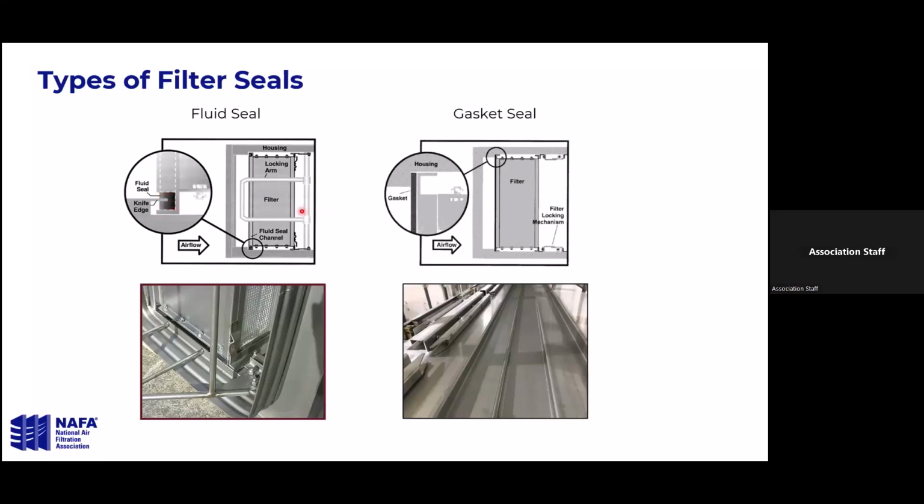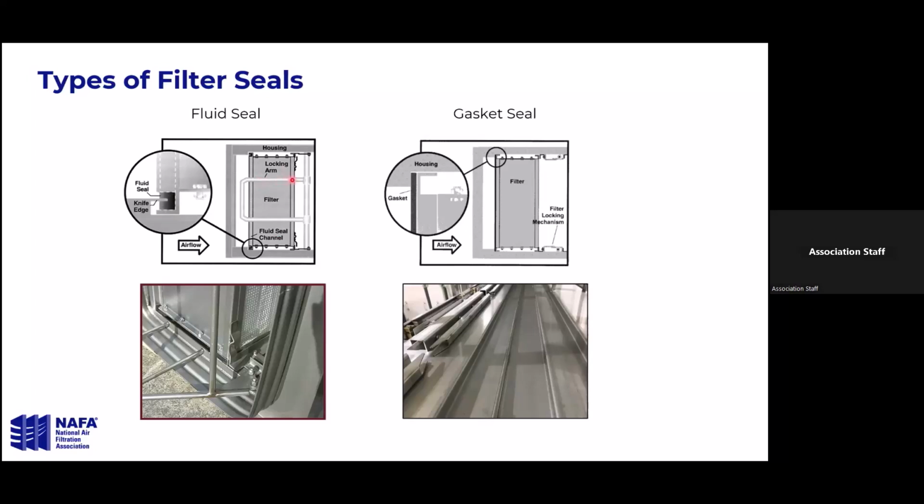And as that filter moves onto the knife edge, that knife edge is going to go into that fluid seal, and it's going to create the seal that you need for the HEPA integrity. That's done utilizing some type of locking arm or locking mechanism that you would actuate.